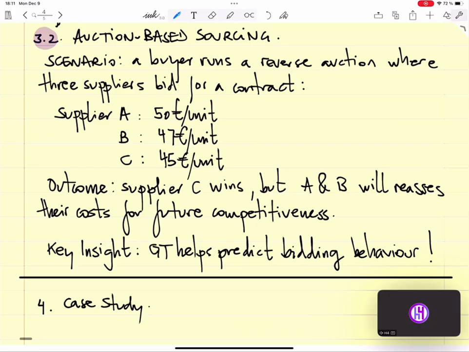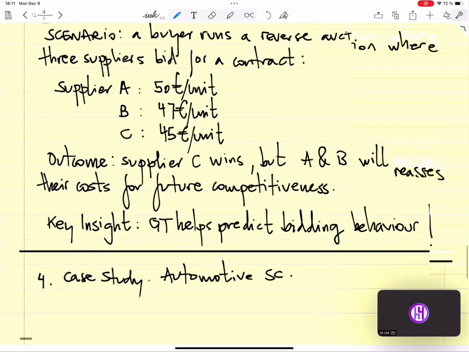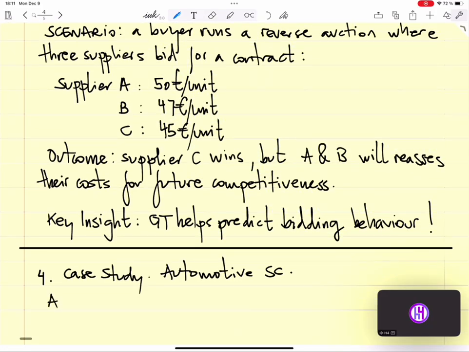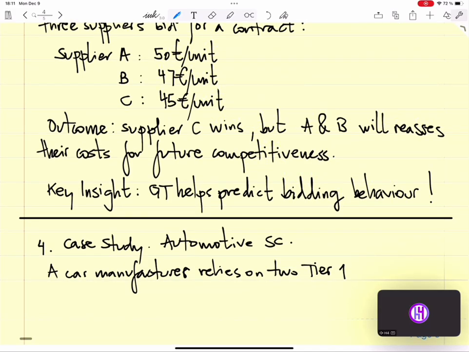Super simple case study in automotive supply chain. Let's say a car manufacturer relies on two tier 1 suppliers.